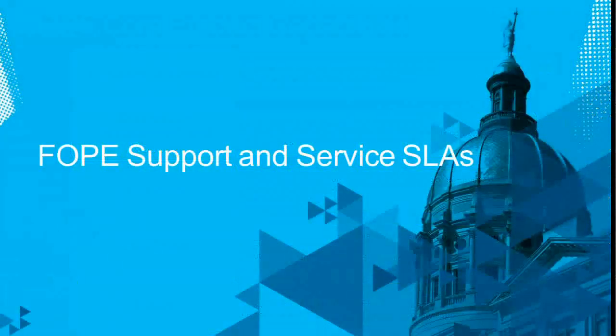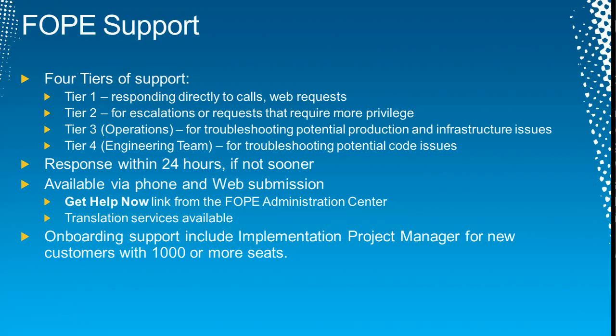It's totally fine. So just to talk a little bit about what we have set up in terms of support in the service, how we back up all these capabilities, and then a little more about SLA. I've really covered that mostly already. Our support is organized into 4 tiers. Tier 1 is responding to calls and web requests. Tier 2 is for escalations that require more privilege.